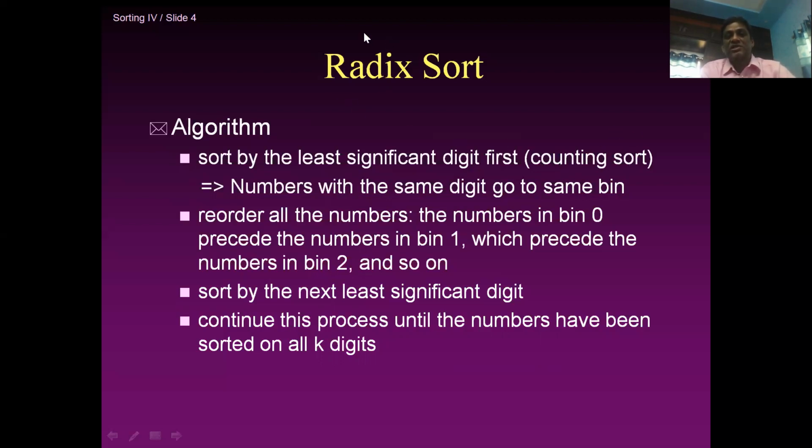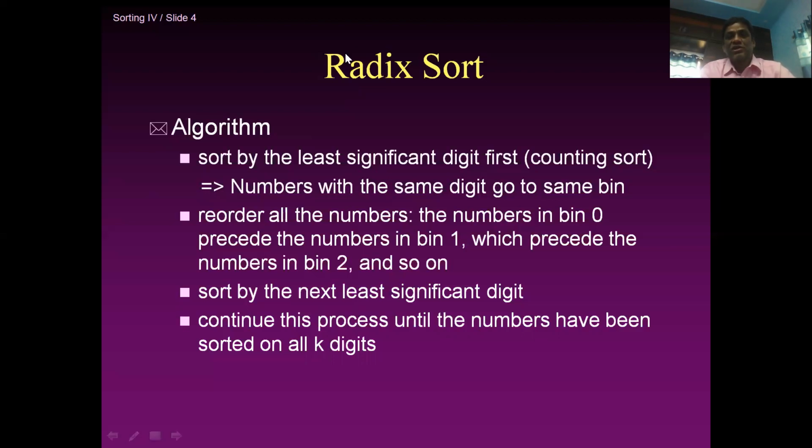It depends on the corresponding radix. For example, if you are sorting decimal numbers, the radix is 10, that is the base is 10. The decimal number system has base 10, and the digits are 0 to 9. Therefore, how many buckets are required for sorting decimal numbers? You need 10 buckets: 0, 1, 2, 3, 4, 5, 6, 7, 8, 9.